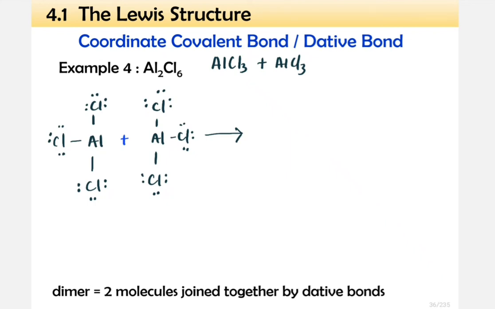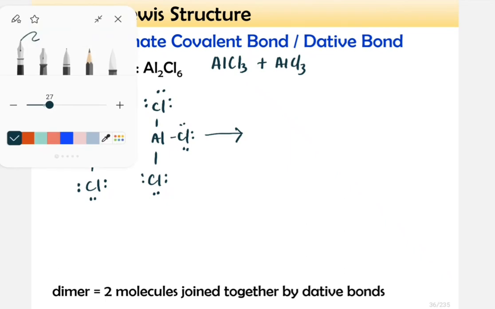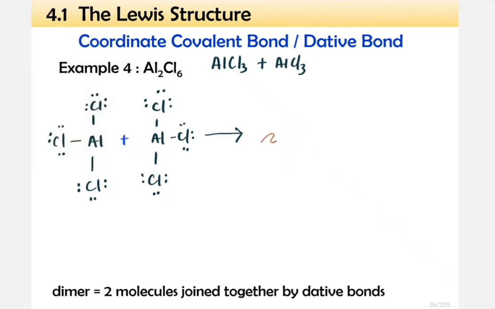Okay, jadi bila awak dah lukis both AlCl3, so now I'm going to continue with the product. Okay, so salin je balik AlCl3 yang kita dah lukis tu tadi. Okay, macam ni. So awak just remove the plus sign ni, okay, because we are going to connect. Dia ada dative bond dah sekarang.